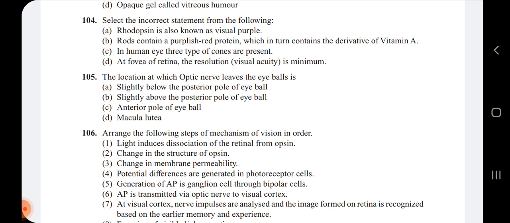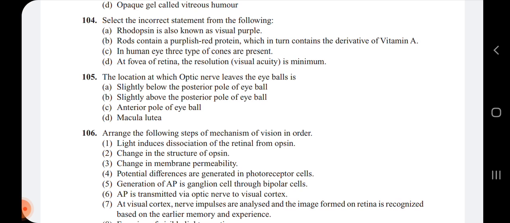Then statement B, rods contain a purplish red protein which in turn contains a derivative of vitamin A. That is rhodopsin, which contains a derivative of vitamin A. That is also a correct statement.